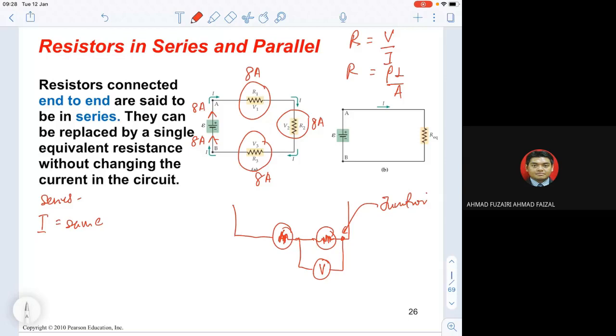When the current meets the junction, it will split up, and it will go back to normal when it reaches another junction, and everything will go smoothly.